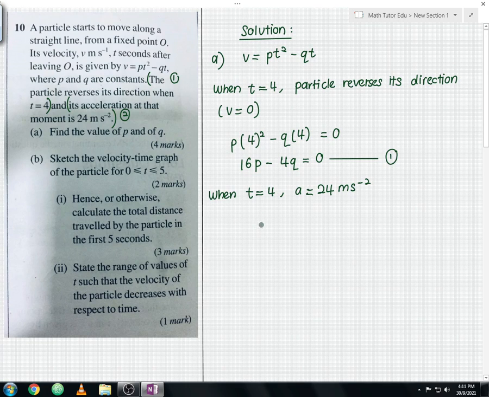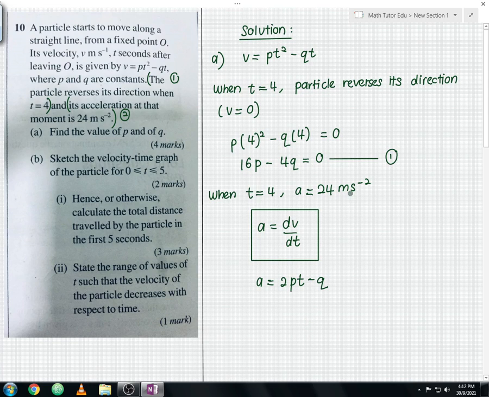Given that acceleration is equal to the differentiation of velocity with respect to time. Okay, let me box this. So you differentiate v with respect to time. You get your acceleration a equals 2pt minus q.